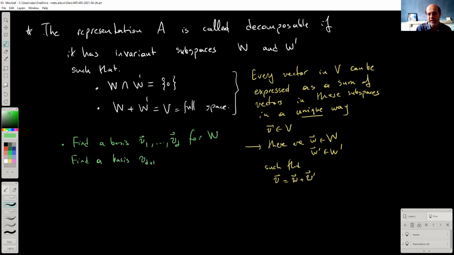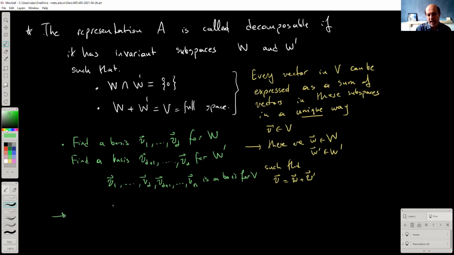Let me call the vectors in that case v d plus 1 to vn for W prime. In that case, if I just concatenate that list, that's a basis for the full space, a basis for V.